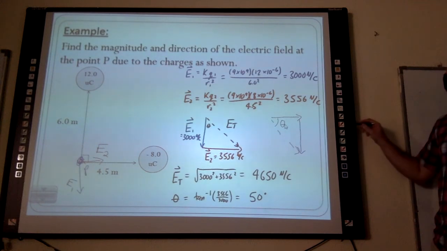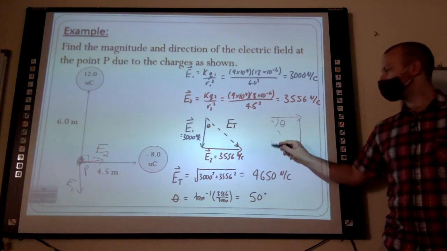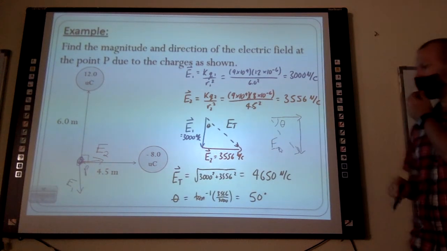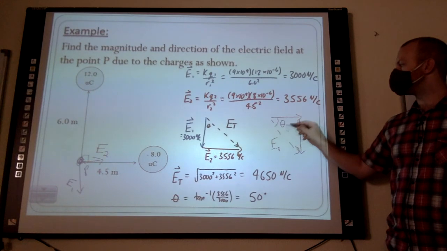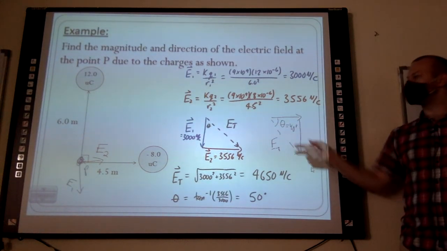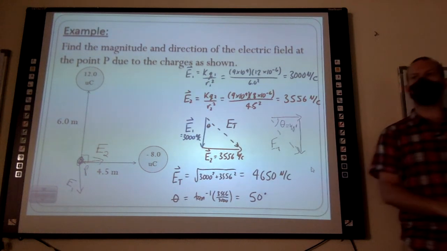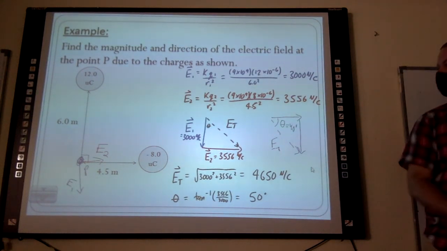It always needs to be from where your total starts. So if this would be 50, then if you went about and solved this, this would be 40. So I would accept either one of those as correct, depending on which situation you set up. That's why it's really good for you to draw out these diagrams.